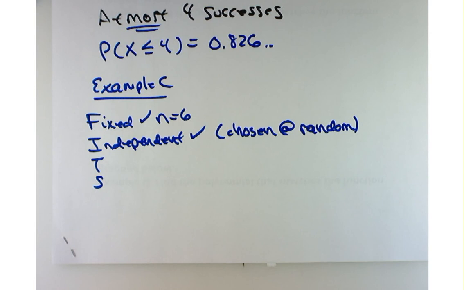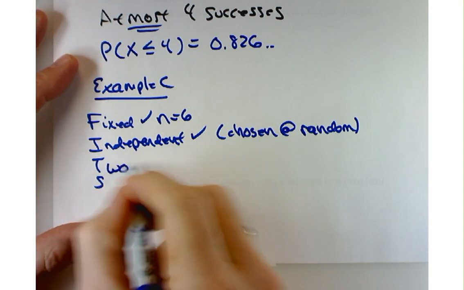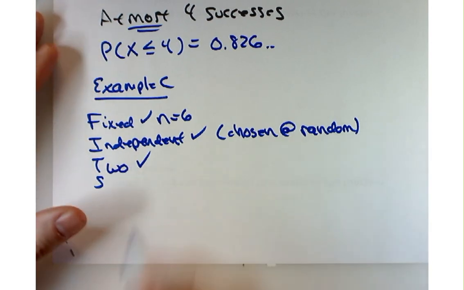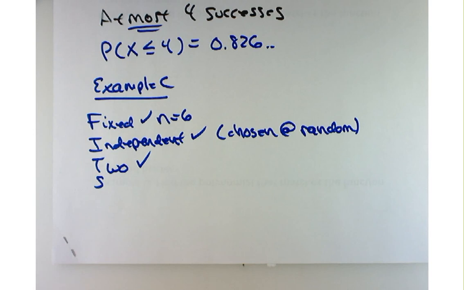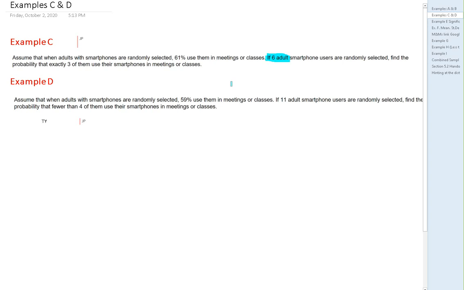Yes. You either do or don't, right? So yes. And is the probability of success the same? Yeah, it's really by what's called your 5% rule. But the answer is yes. For practical purposes here, the probability is 61%.